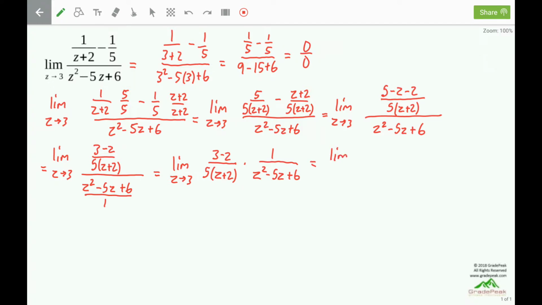Let's go ahead and multiply these fractions together. In the numerator, 3 minus z times 1 is just 3 minus z. In the denominator, we will have 5 times z plus 2 times z squared minus 5z plus 6.